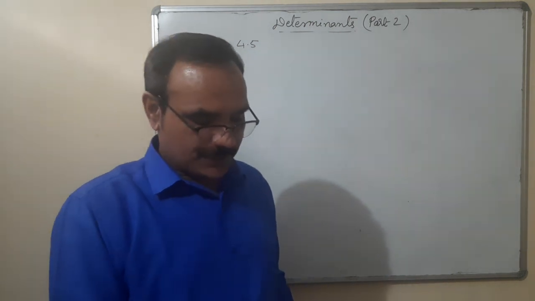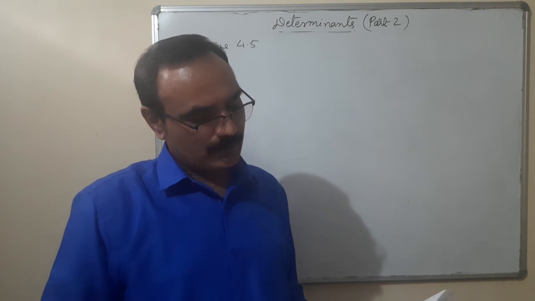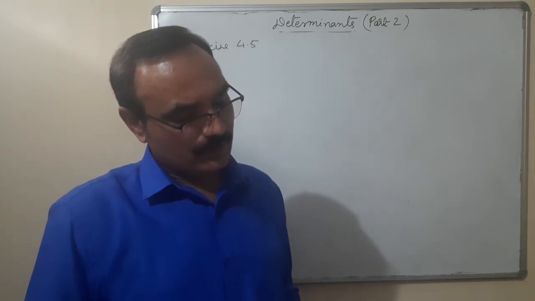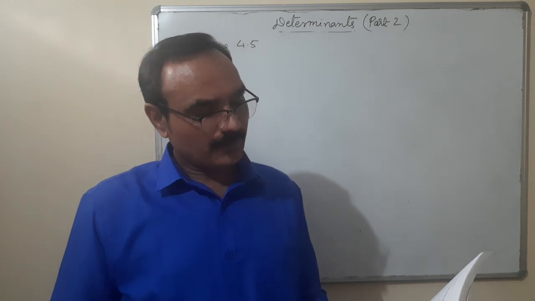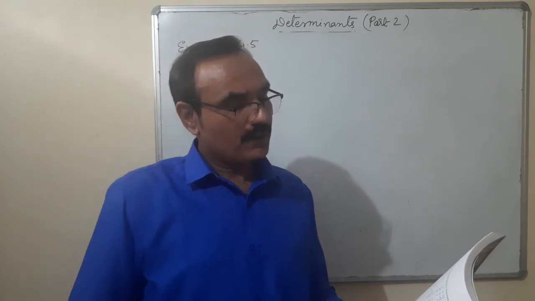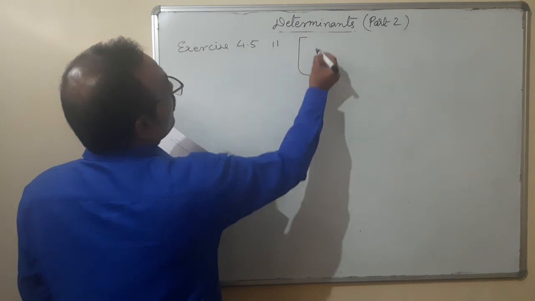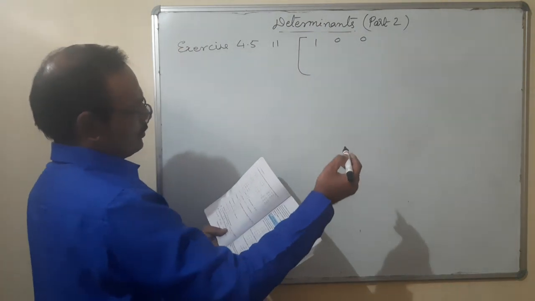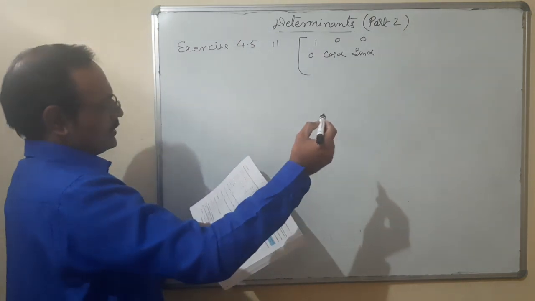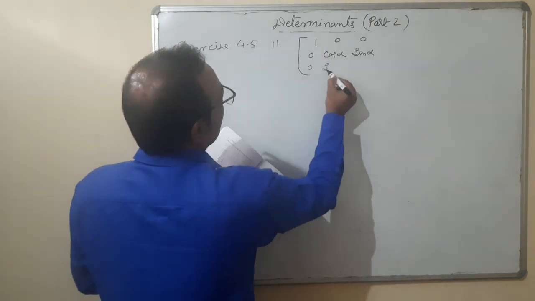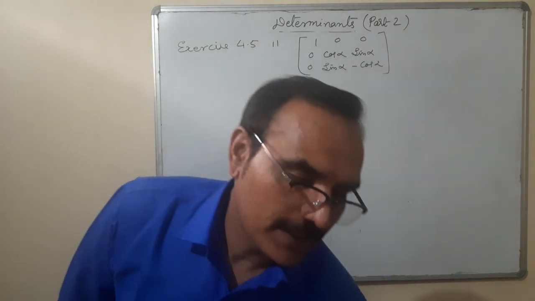This is a trigonometric question, the 11th one: the matrix with rows 1, 0, 0; 0, cos alpha, sin alpha; and 0, sin alpha, minus cos alpha. We are going to find the inverse if it exists.